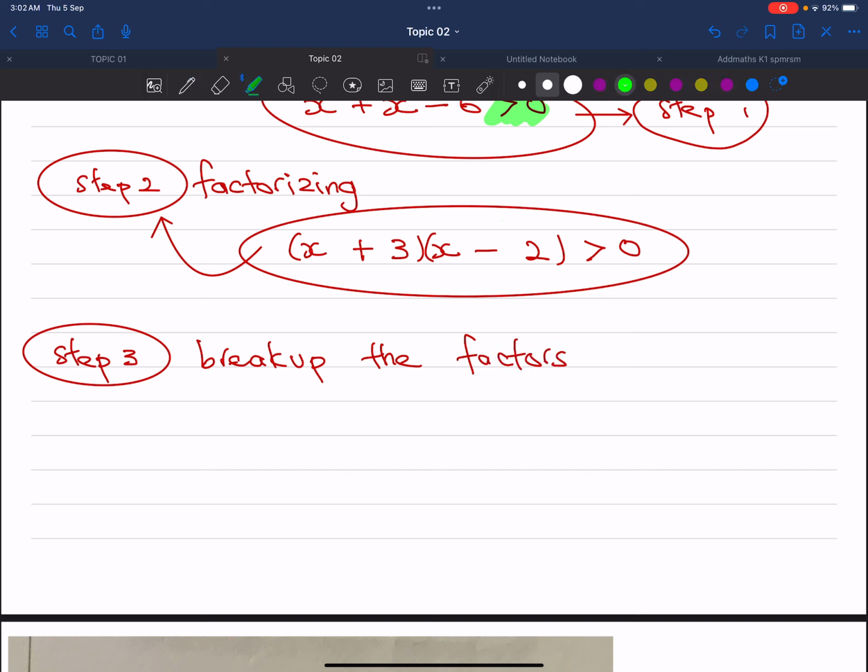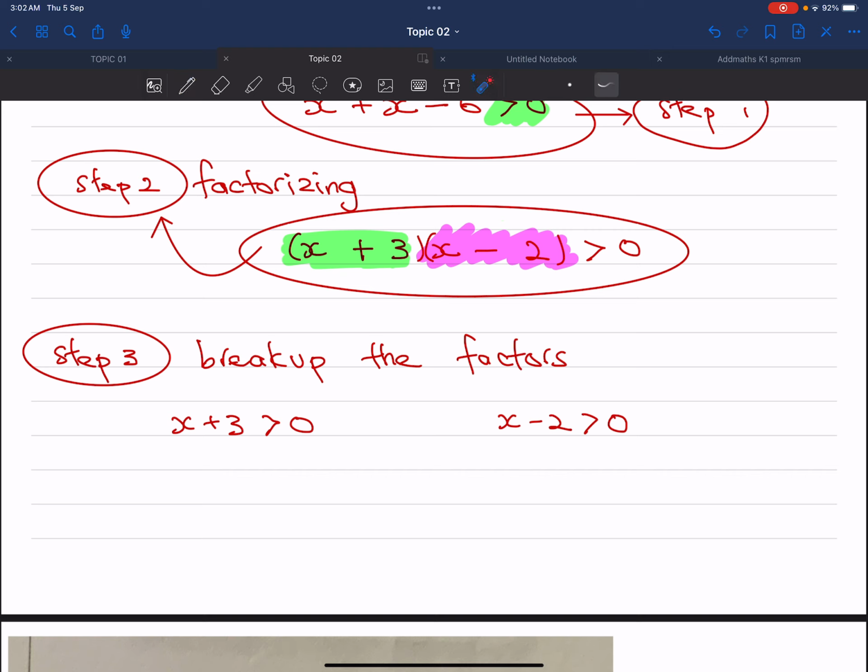That is, you break up x plus 3 more than 0, and then x minus 2, it is also more than 0. I like to remind you, previously I said even if here is less than 0, when you break, it must be more than 0.